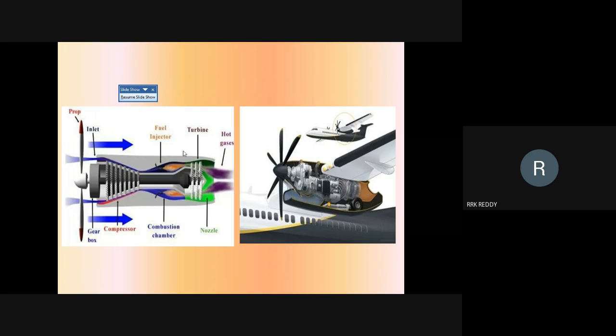This is the more realistic picture of the turboprop aircraft engine. This is the diagram, and this is the two-blade propeller, and this is a gear arrangement, because here the turbine runs both the compressor and the propeller.